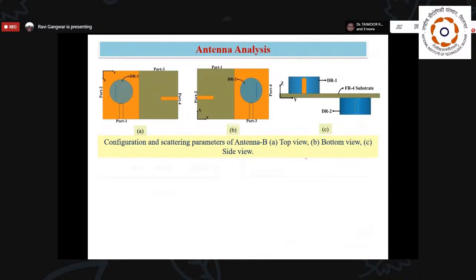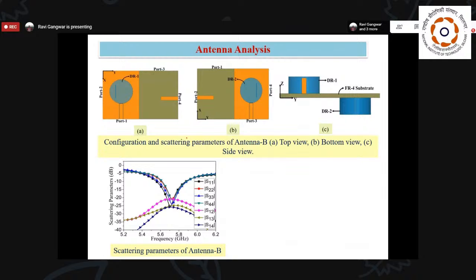Now we are going to see antenna B, when we place two antenna A in a back-to-back arrangement, but with some different distance here. When I check this performance, I first look at the S parameters.